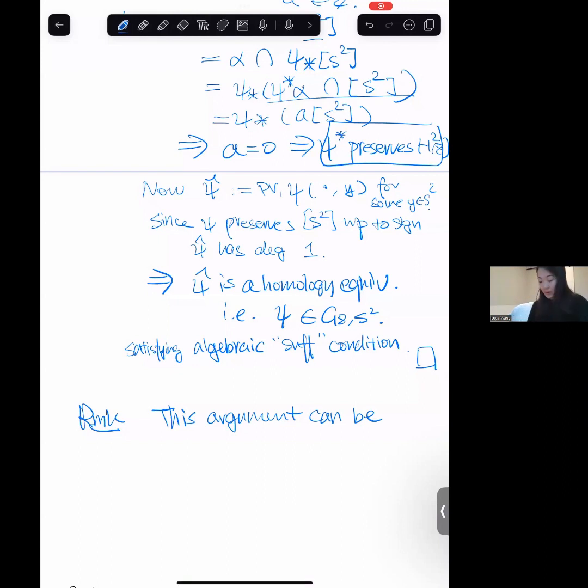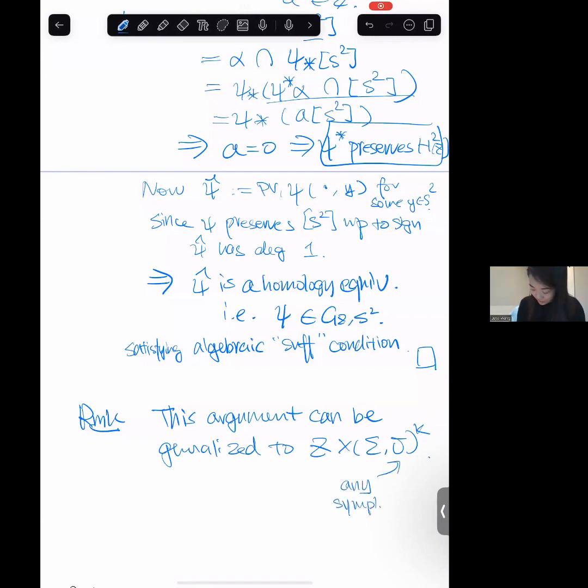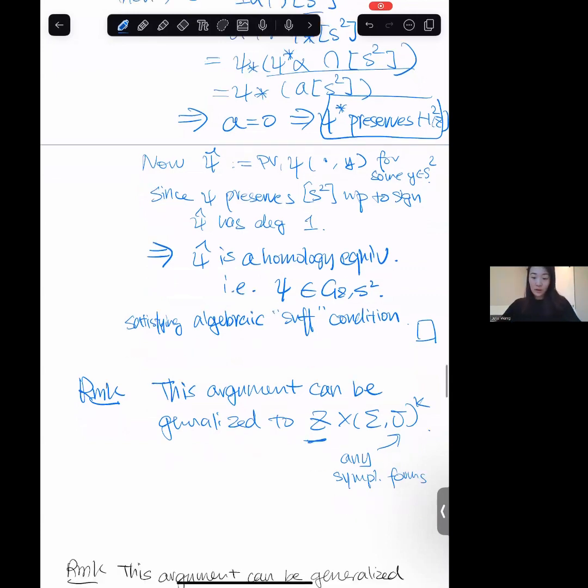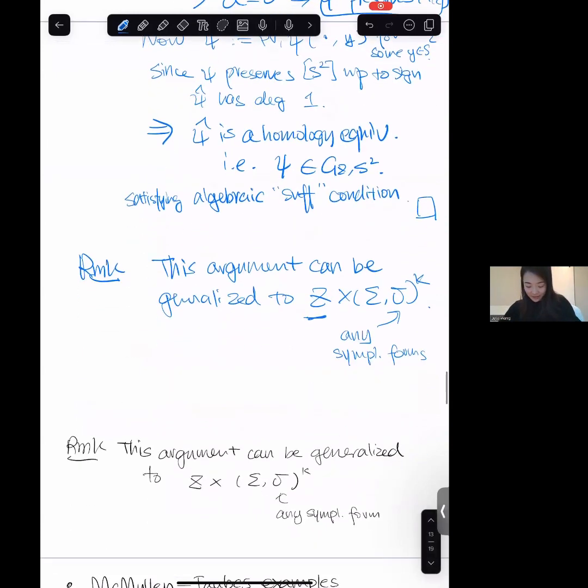This type of argument can be generalized to products of Riemann surfaces, for any symplectic form on our specific manifolds.